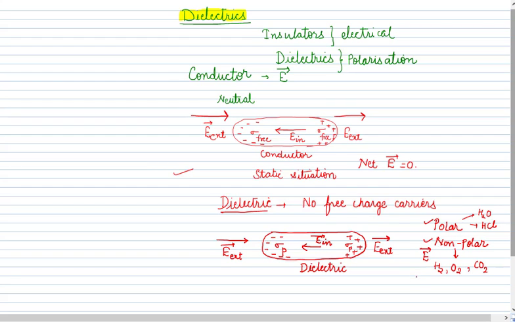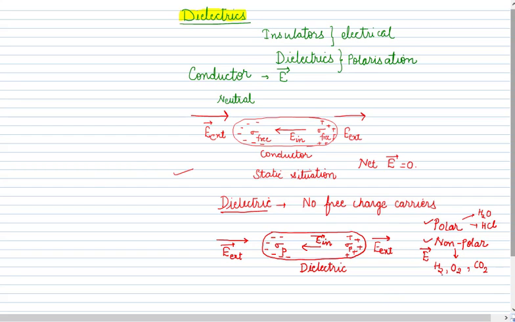This displacement is to oppose the externally applied electric field. And this displacement continues till the external force on the charges is equal to the internal force of the molecules. What do they want to do? They want to restore their initial position.